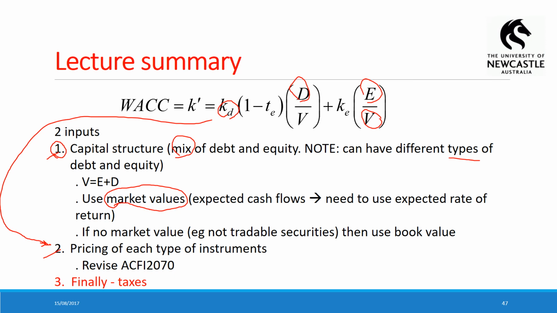In terms of equity, we have common shares and we have preference shares. In terms of debt, we have private debt being bank loans. We have bonds, so long-term tradable debt. We also have short-term tradable debt, which is the discount securities, right? So all these things are the things that we have to know before. Last but not least, we have to think about the effect of taxes on our cost of capital, yeah? So tax comes in here, okay?